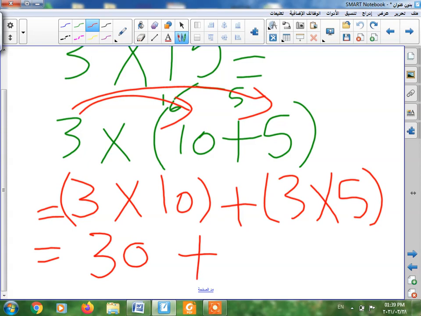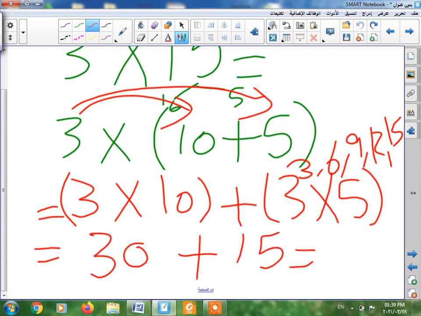Plus 3 times 5: when we repeat 3, 5 times, we find 3, 6, 9, 12, 15. 3 times 5 equals 15. Find the sum. 0 plus 5 equals 5. 3 plus 1 equals 4. This is distributive multiplication over addition.